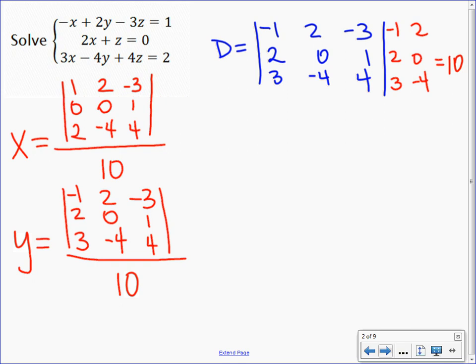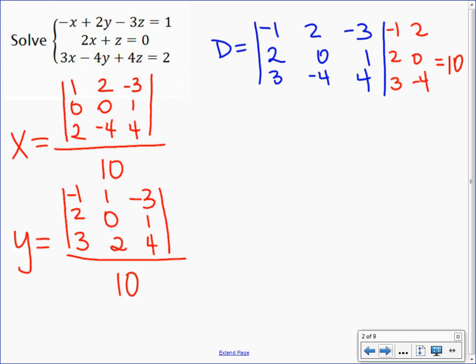Where did 2, 0, -4 come from? I'm sorry, 1, 0, 2. Same matrix is up there, except the y column is now replaced with the 1, 0, 2.